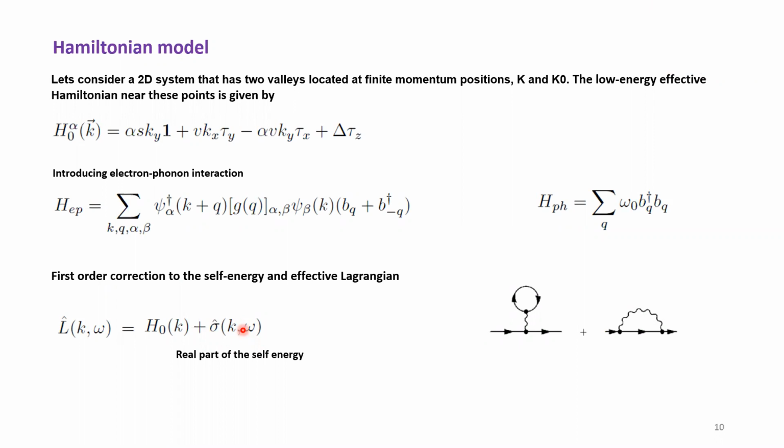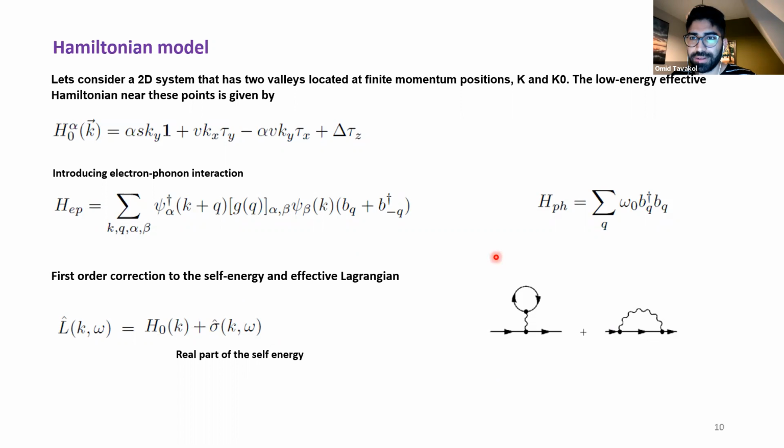Is it obvious from this interaction that this dependency will emerge, or no? I don't think so. I think you need to calculate the first order interaction and see this omega dependency.